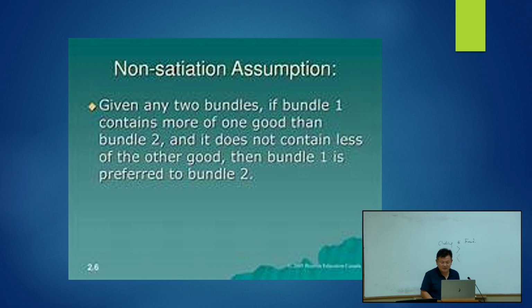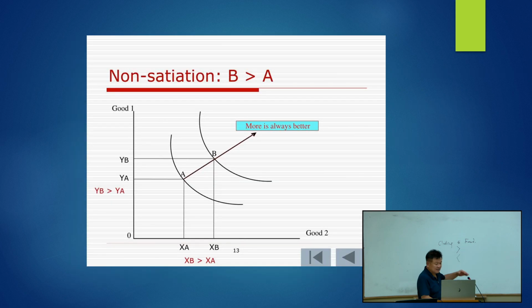Okay. So this is represented in a graph, with good 1 and good 2, cloth and food or something like that. And more is always better. The more the better. You know that? So this graph goes toward the right side, which means the more the better. So the consumer's move is toward the right side and upper side.